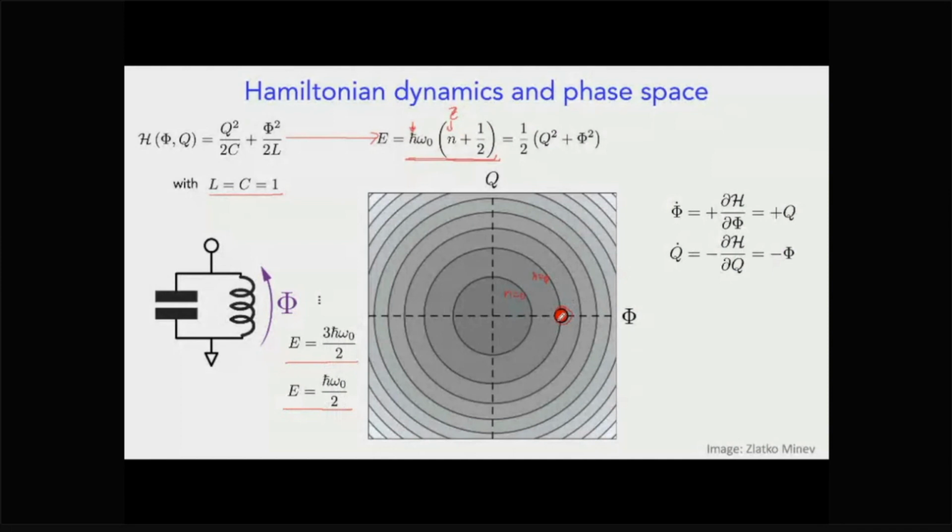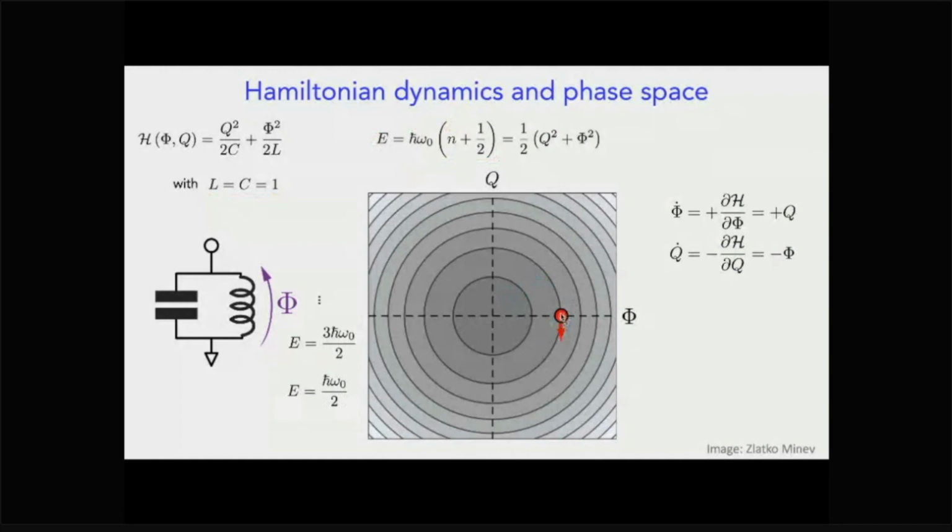The red dot indicates the position and momentum of the particle. From the Hamiltonian equations of motion, which are just another way of rewriting Kirchhoff's laws, we can figure out that the rate of change of the magnetic flux, if I'm at a point here, will depend on my position q, and vice versa. Q will depend on phi.